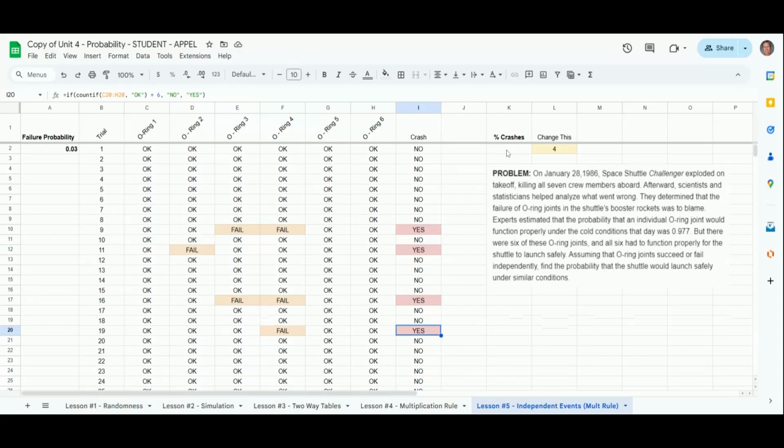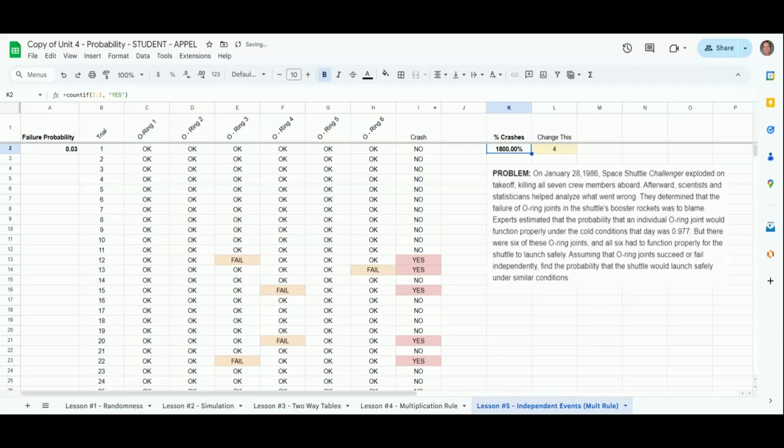And so our crashes, percent of crashes, is we now want to have a count if these are yes. So equals COUNTIF this range is a yes. So that's a count. That's not our percentage value. So what we want to do is we basically want to divide by 100.